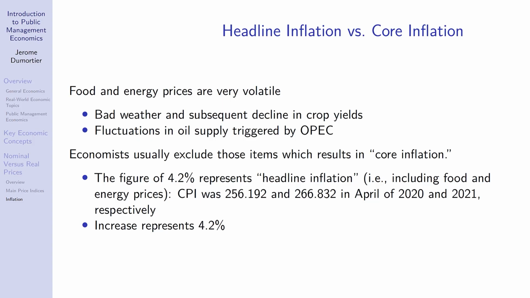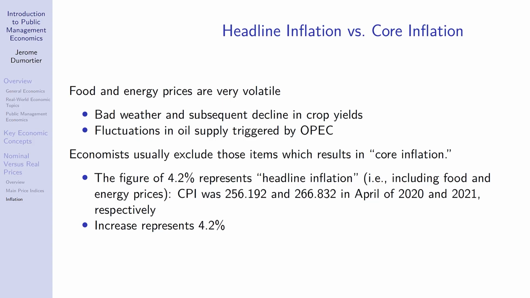It is very important to remember that food and energy are central to households, and hence there is a little bit of a disconnect in how economists or central banks calculate inflation, in the sense that they're excluding two items, food and energy, that are extremely important for people.